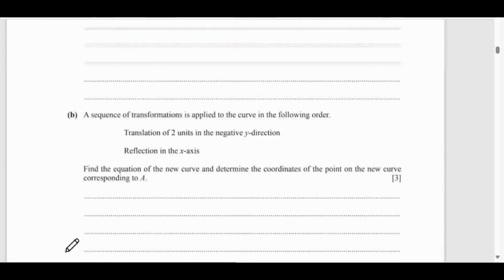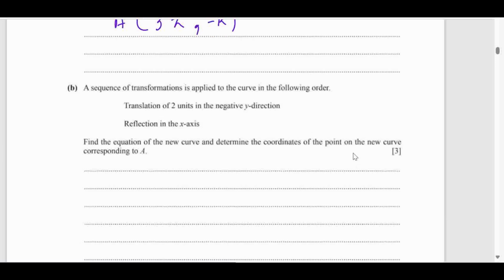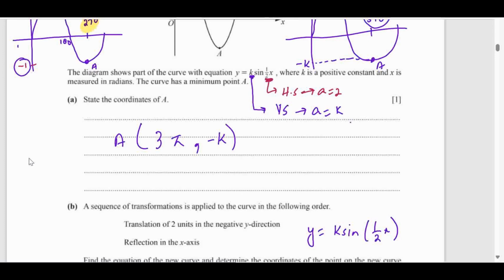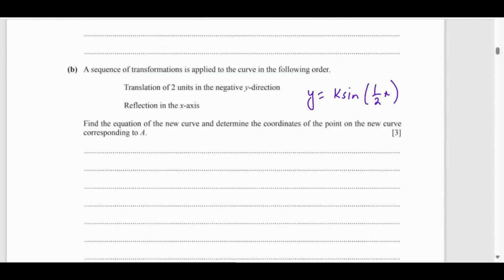Let's move to the next one, but before this let me write the main equation over here: y is equal to k sine of 1 by 2x. Now here we know a sequence of transformations is applied to the curve in the following order. Translation of two units in the negative y direction. Now negative y direction means what?